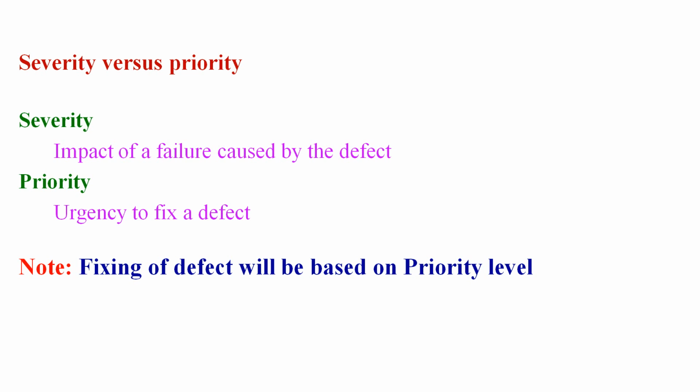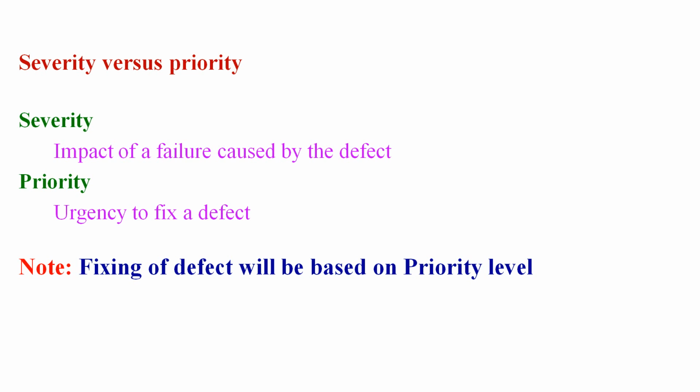For any defect, if the priority level is low, then it can be fixed after some time, maybe 1 day or 2 days or 3 days. That is why the fixing or resolving of the defect by the concerned software developer will be based on the priority level only, not on the severity level.